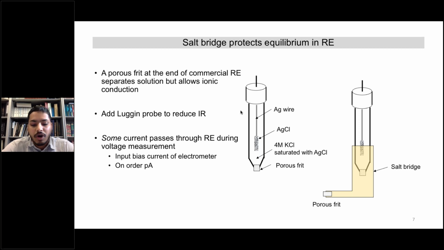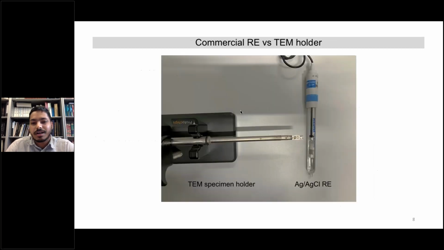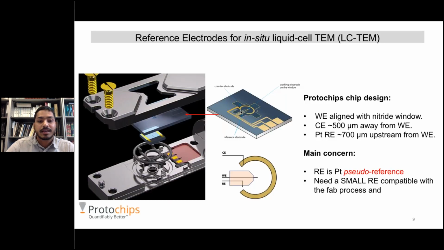But now, because of all these requirements, the size of most of our commercial reference electrodes is big enough that they cannot go inside a TEM holder. So now the question is, how does liquid cell TEM work? Well, here is an exploded view of the product made by Protochips.